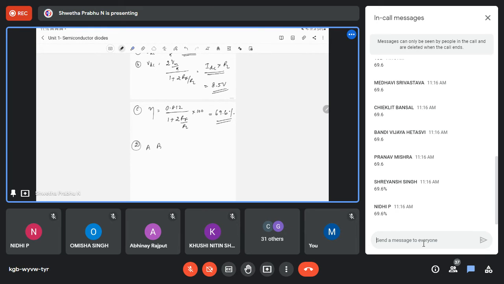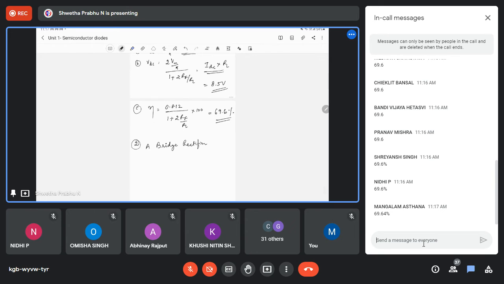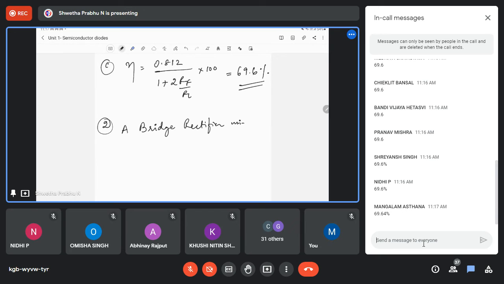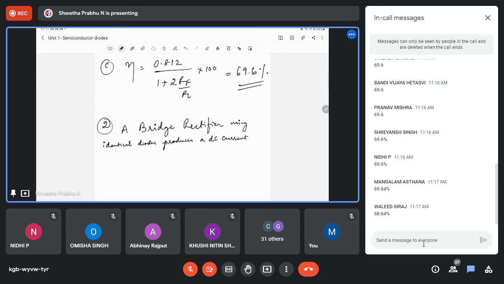A bridge rectifier using identical diodes produces a DC current of 125 milliamperes through a 1.8 kilo ohm load resistance.